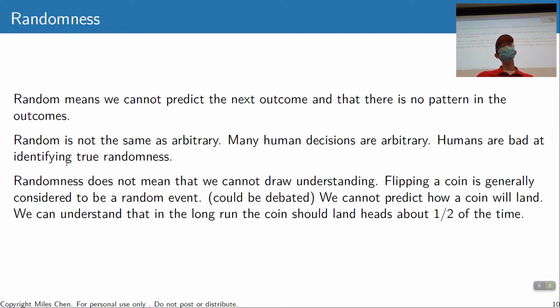But we can say that in the long run, I'm looking for my coin. I guess I don't have one. But in the long run, we can understand that a coin should land heads 50% of the time. Okay, with a probability of 1/2, the coin should land heads in the long run.